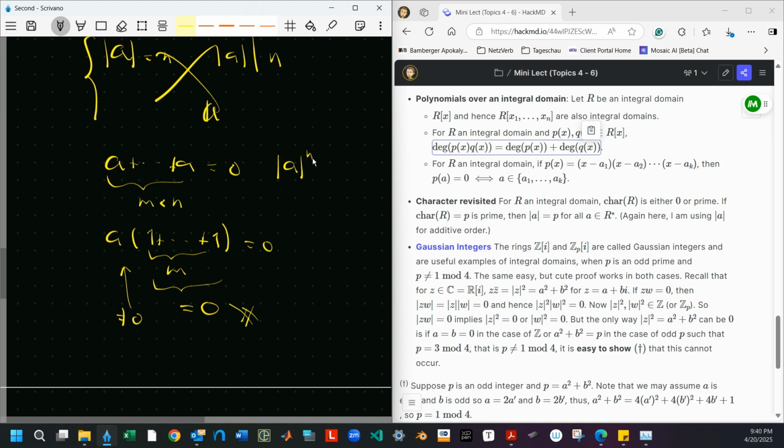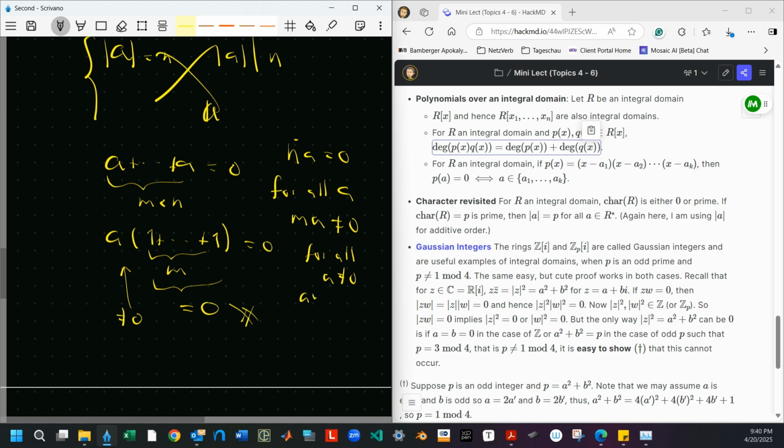Sorry, this is the wrong... This is additive order, right? So na equals 0 for all a, and ma does not equal 0 for all a not equal to 0.